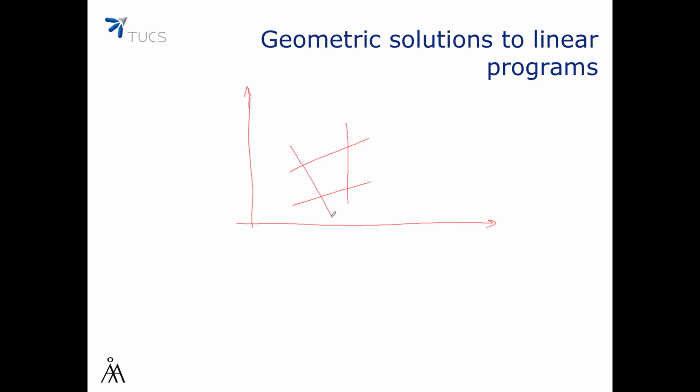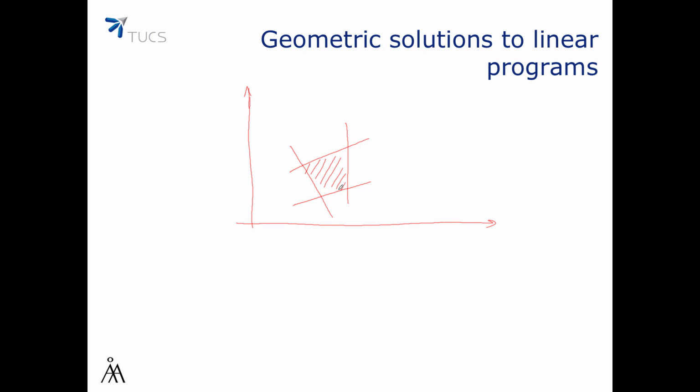And let's assume that we conclude that the region where all constraints are satisfied is inside this polygon. The question will be where in that region a linear expression of the form a x1 plus b x2 is going to get its minimum and its maximum value.